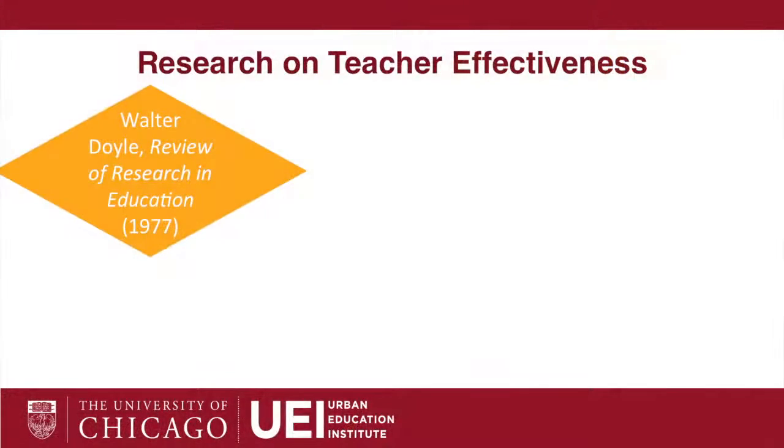There's a lot of research directly on teacher effectiveness, and I'm just giving you a couple of suggestions if you want to learn more. The Walter Doyle piece is a historical look at the way the field was thinking about teacher effectiveness early in the almost pre-modern school reform era.